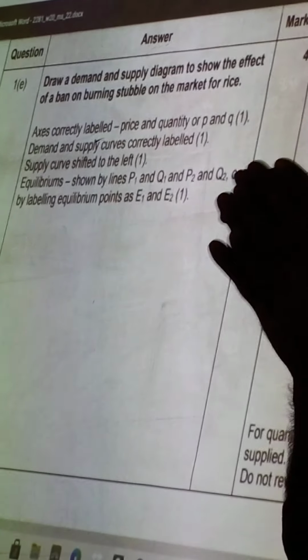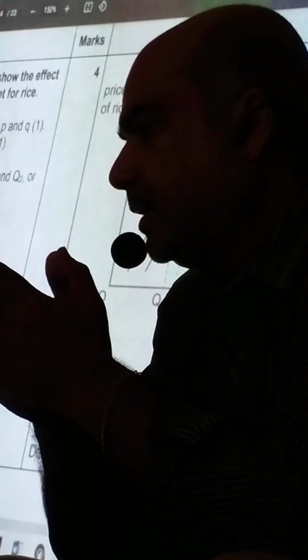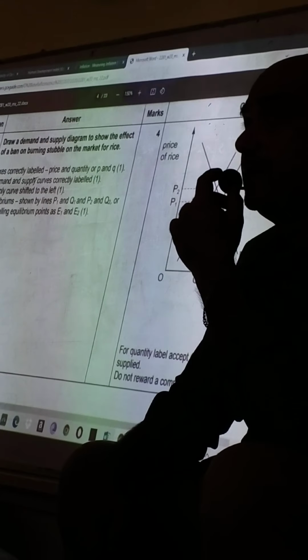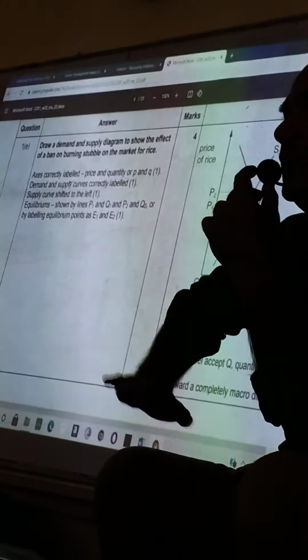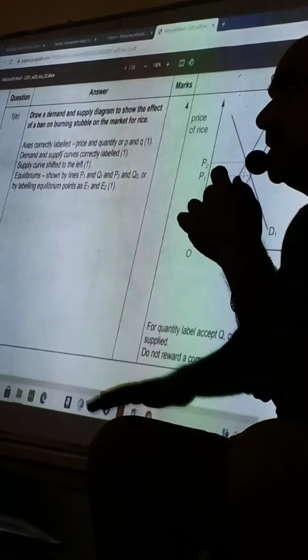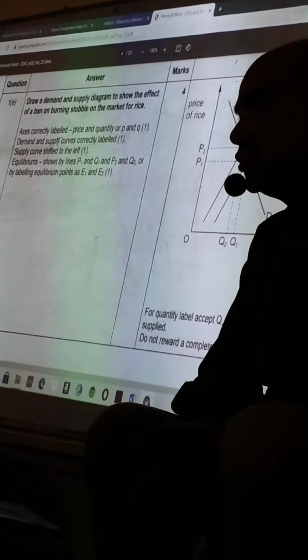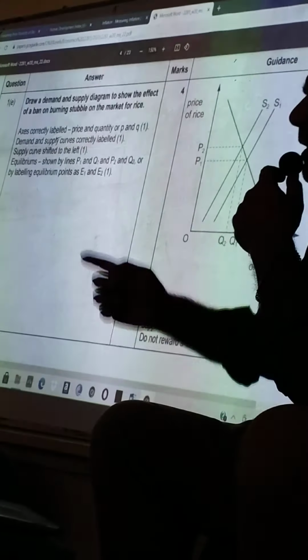So I'll assess correctly labeled price and quantity. Price of rice. Price of rice. They have not written price only. Price of rice. This is specifically for this question. So you have to write the full statement, that is price of the rice.